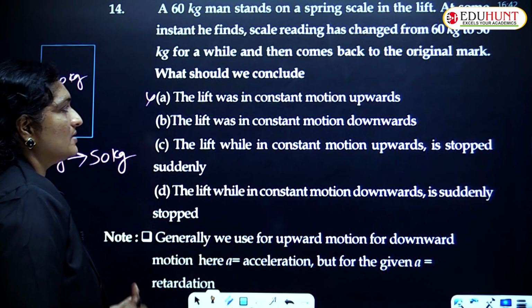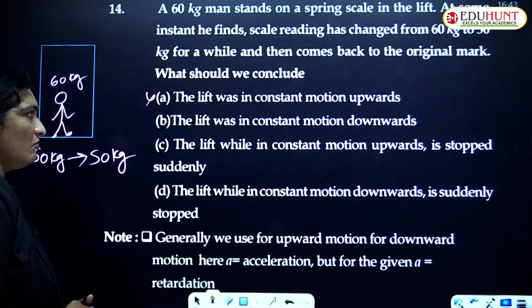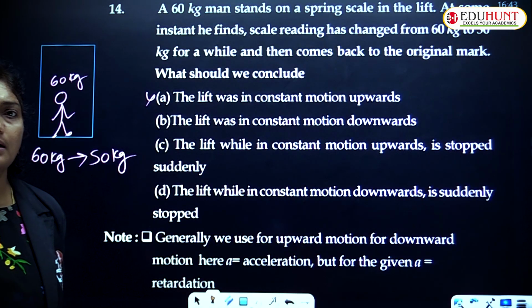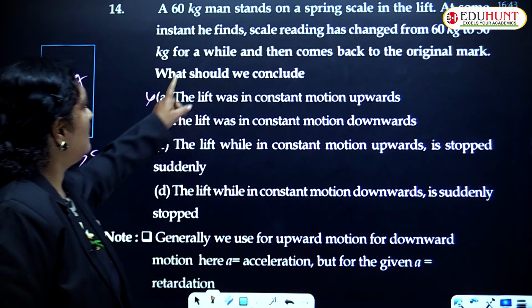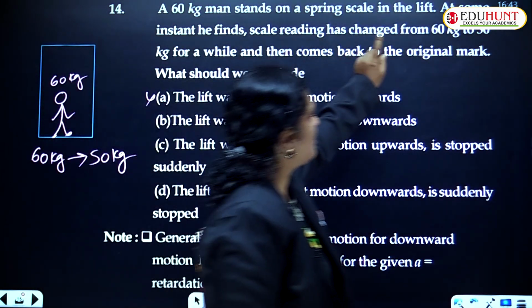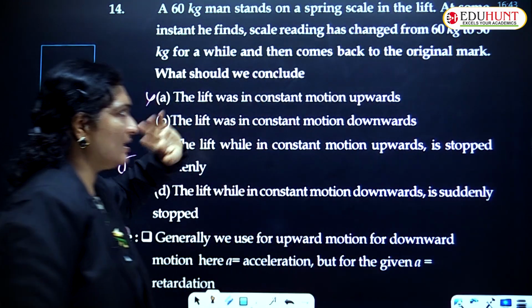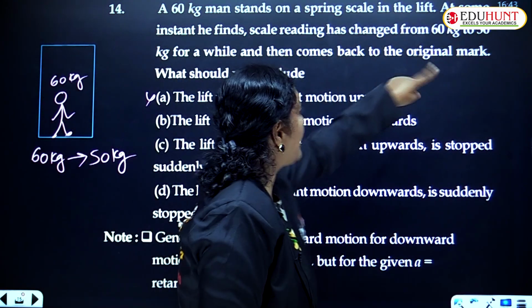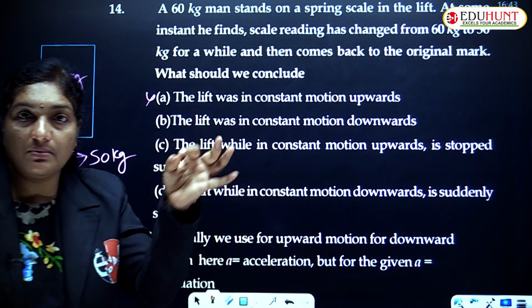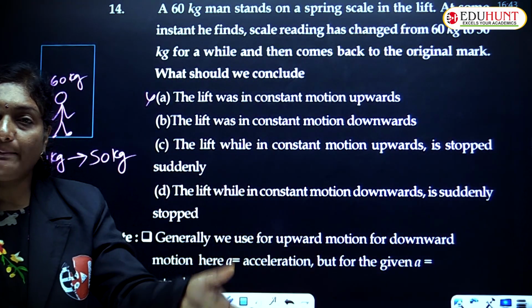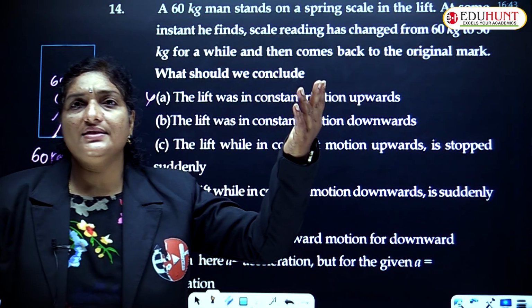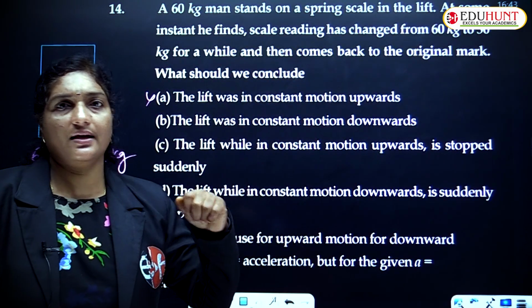When it is moving downward, the reading changes from 60 to 50 kg, so it can happen. Whenever the lift is moving downwards, the apparent weight may decrease. So, that possibility is there. But why does it again come back to the original reading? It can't come.